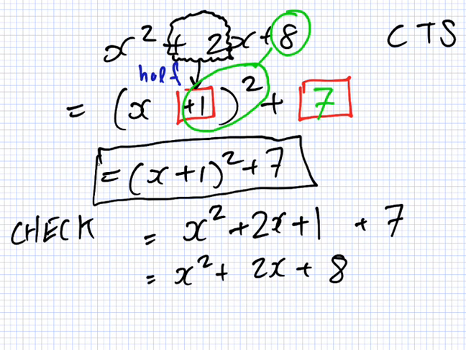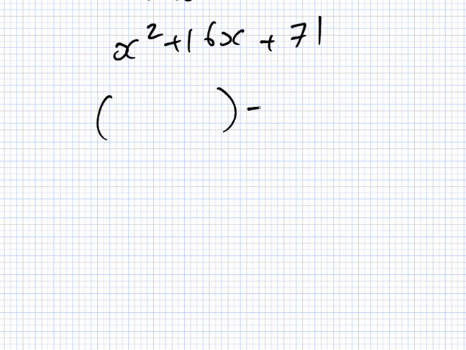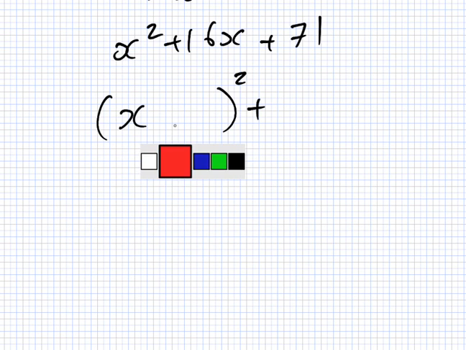I'll do more examples of this. Okay, can I just scroll down? So let's take another one. Let's try and do it together. X squared plus 16x plus 71. What do I have here? 8 plus 8.